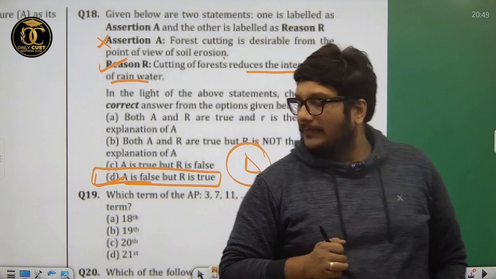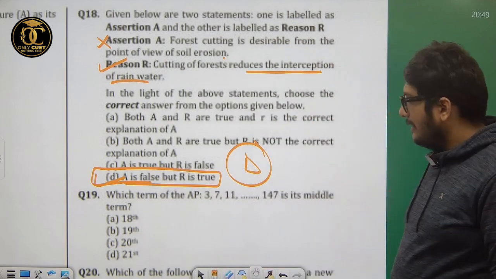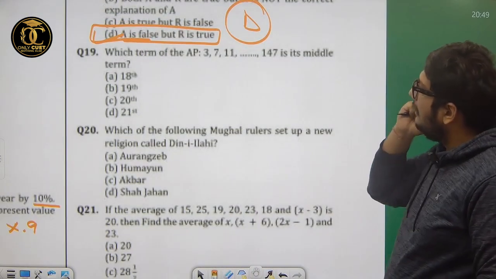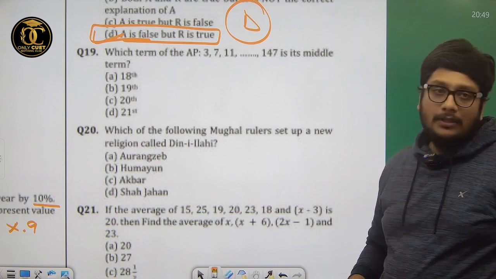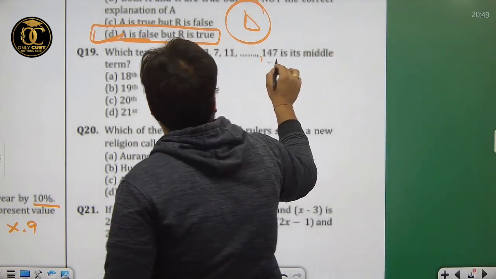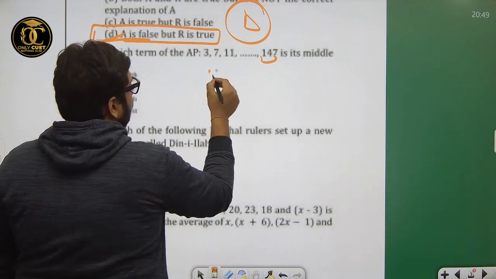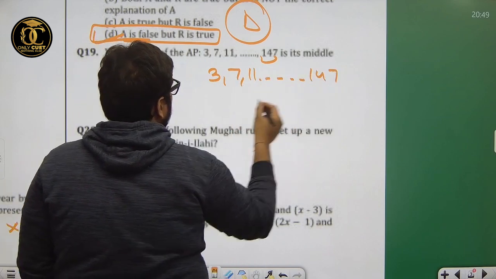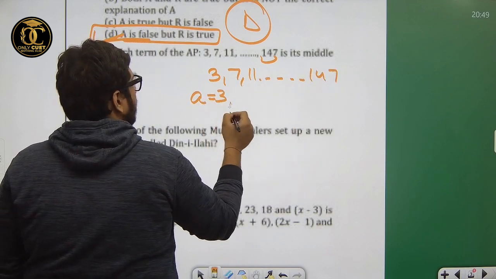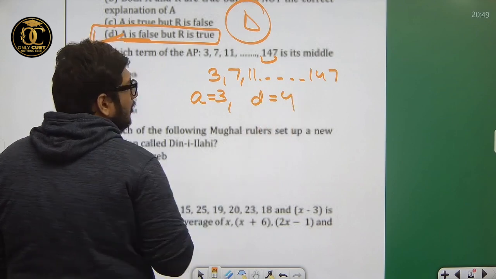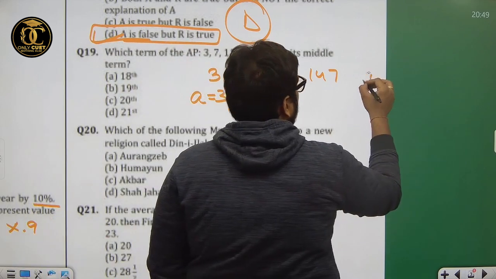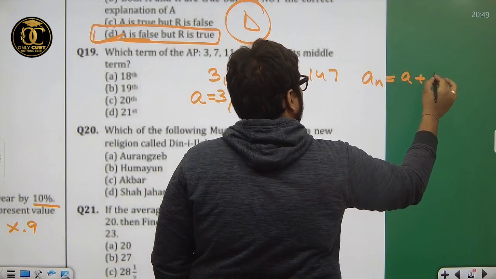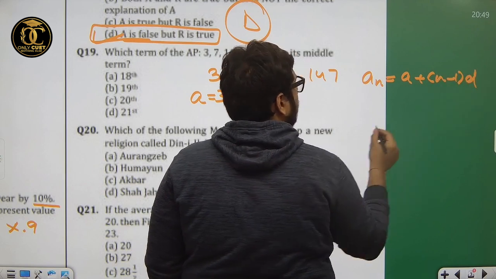Option D. Clear? Now it says, which term of the AP 3, 7, 11, ..., 147 is its middle term? First, let us calculate 147 is what term of this AP. 3, 7, 11, so up to 147. Here a stands for 3 and common difference is 4. Putting that in the equation, we know a_n is equal to a plus (n minus 1) into d.